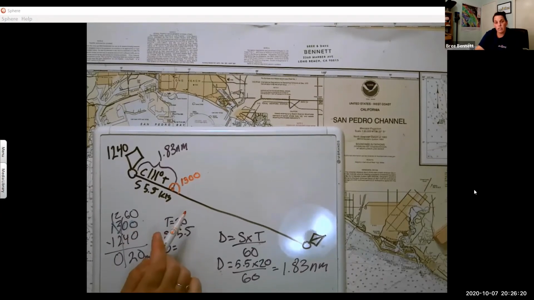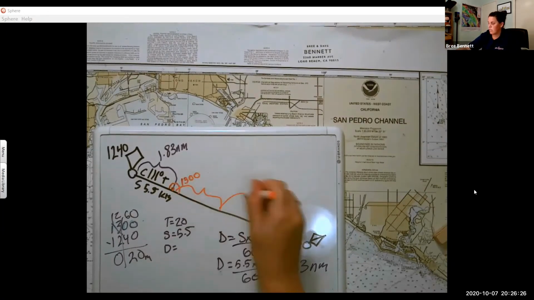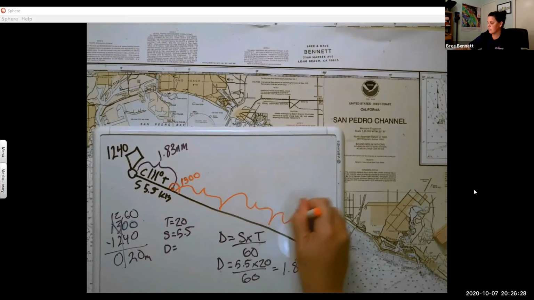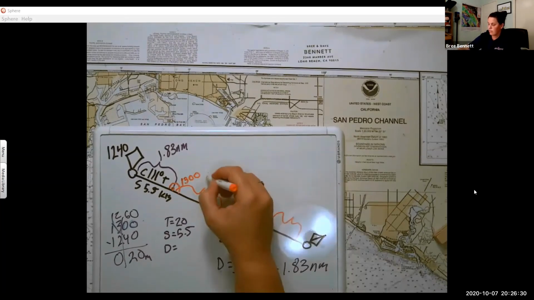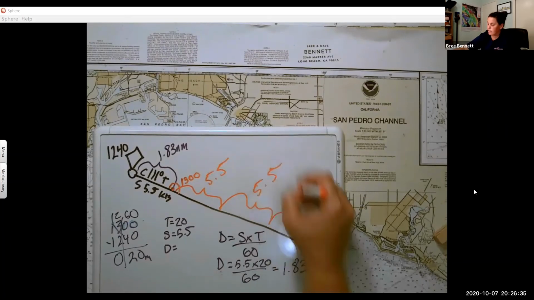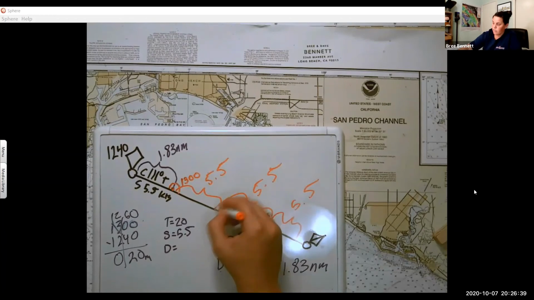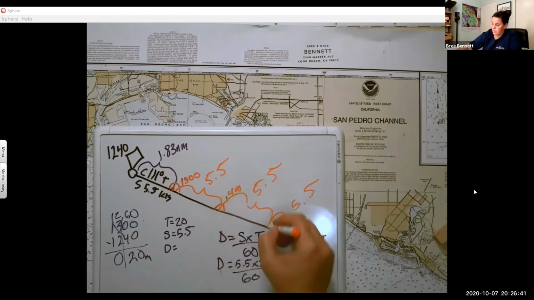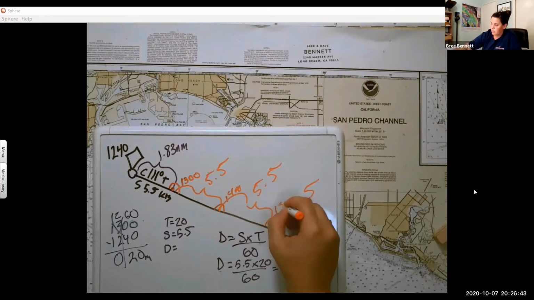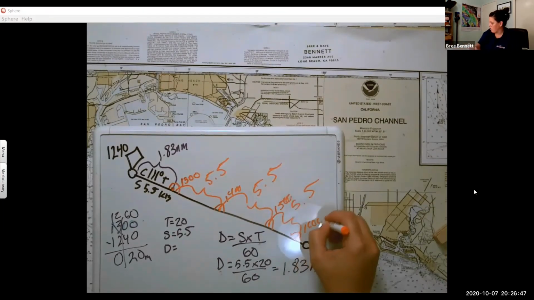Now it's going to be really easy. You get 5.5 and you just kind of walk it. 5.5, 5.5, 5.5. So you have your 1400, 1500, 1600.